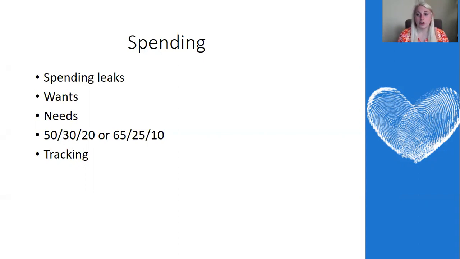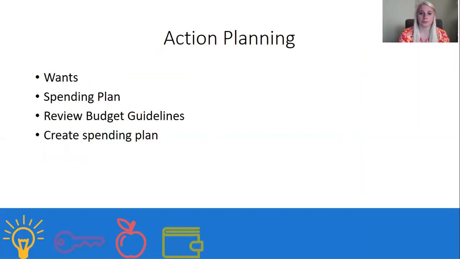Or it could be, okay, I spent $50 more at the grocery store this week. What did I buy this week that I didn't buy last week? Or what did I buy the week before that I spent more on that I didn't even eat this week? What can be cut from my tracking and my spending? So it's really just the nitty gritty of getting deep down into that budget and really tracking what you're spending and watching where your money is going.